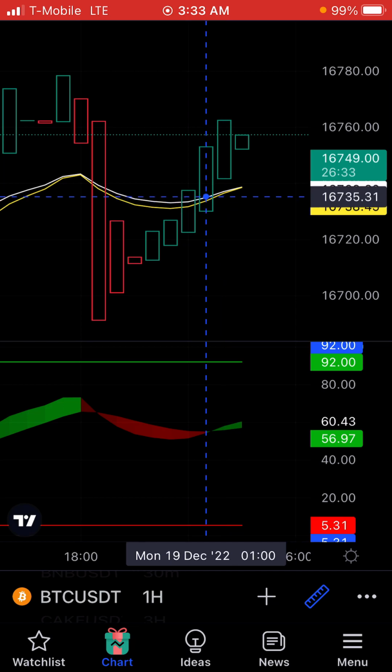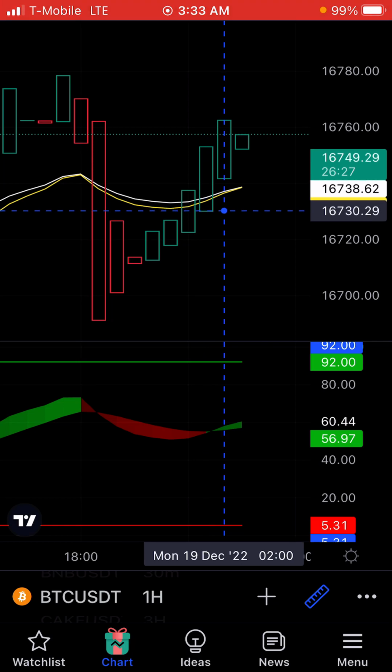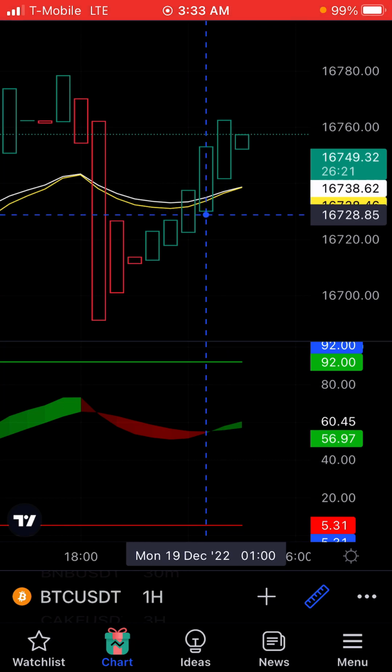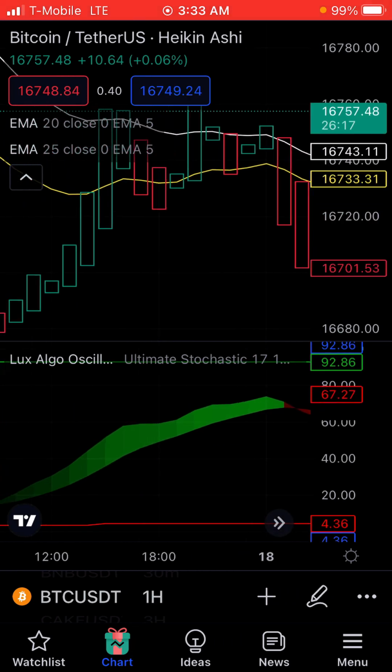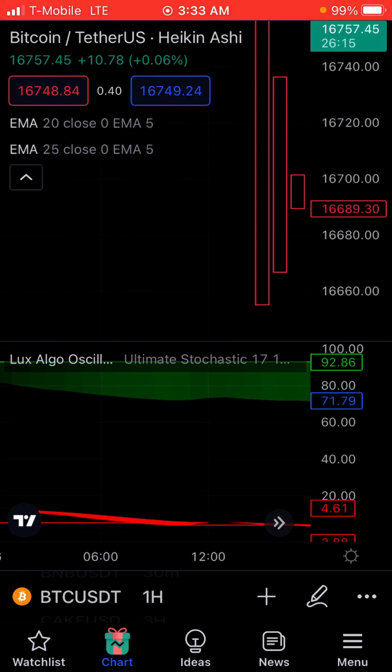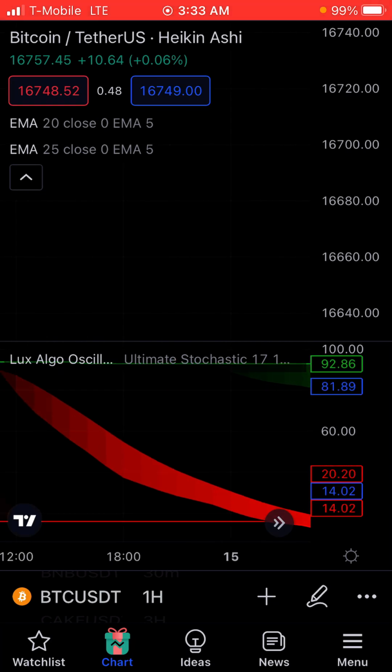If you were not using these EMAs, there are two indications with the oscillator that you want to look for. You either need to see a green line here in the middle, or you need to see something on the bottom. What color was it? Red. You need to see red on the bottom.